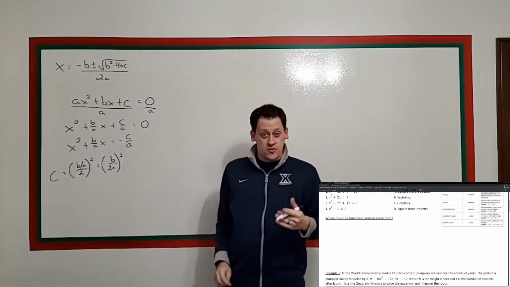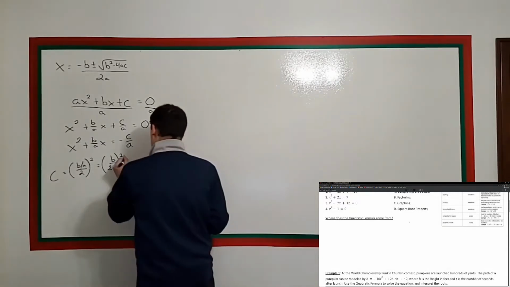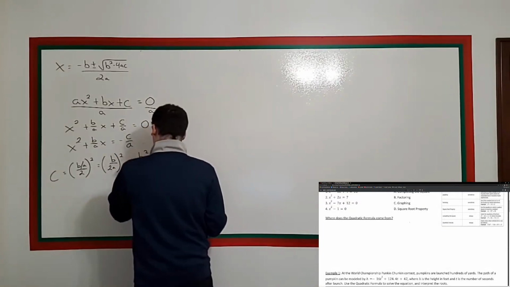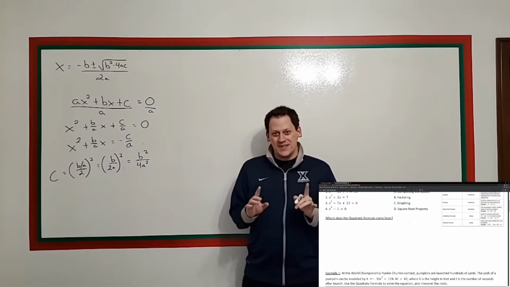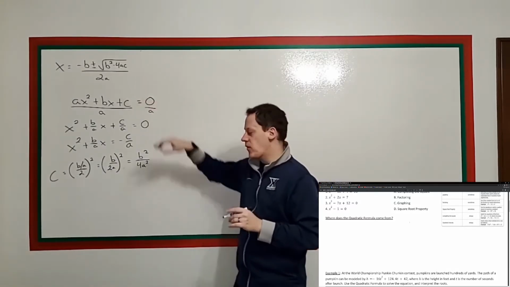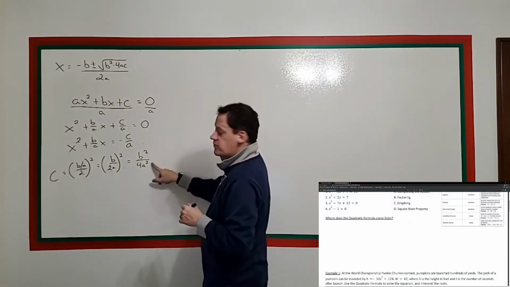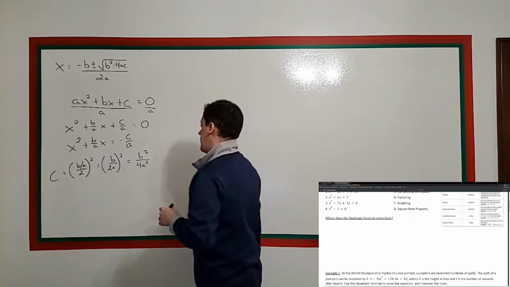This is going to be b squared over 4a squared. This might start looking kind of like what we need to get in here somewhere. Okay, this is the value that will complete the square, so we need to add this to both sides of the equation that we have.